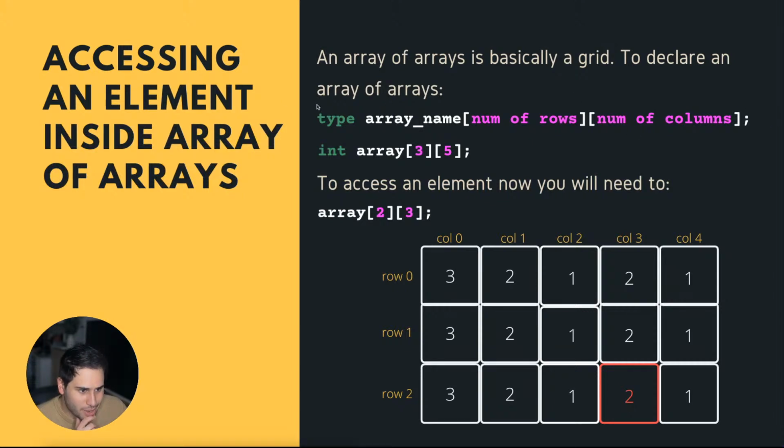How do you declare one? That's what this first line is doing here. You give it the type of the array. So once again, just like all arrays, it's the same data type that has to be stored. So this, for example, will be an array of integers. So each element in this array is still an integer. Doesn't matter where the element is. So just like all our arrays, it's the same data type.